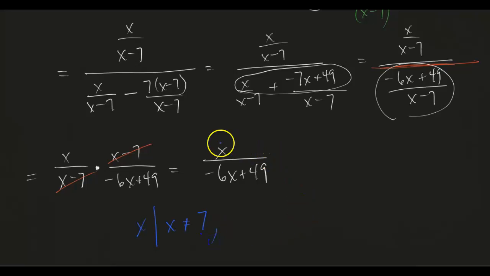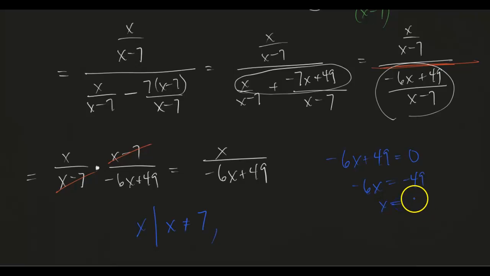And then I need to find any domain restrictions of the composite function. So again, the denominator here cannot equal 0. So I really need to come off here to the side and work that problem. When will the denominator be 0?